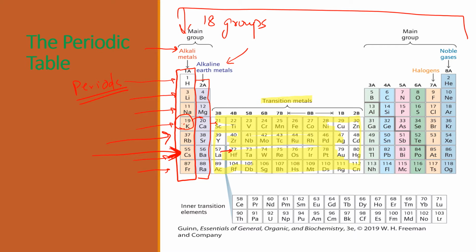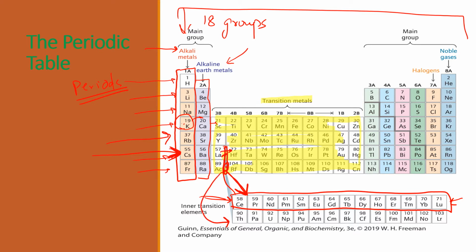The gap is because in this small space we have a list of 14 elements missing, so we cannot put those 14 elements right there. So it's kind of like an insert which is represented outside. All of these 14 elements are supposed to be in this tiny space, and similarly between 89 to 104 in this area.